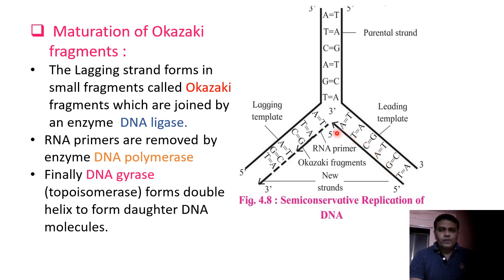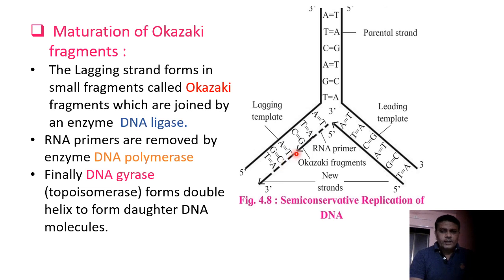And the other, which develops away from the replicating fork in the C5 to C3 direction, is present in the form of small fragments of DNA, or it is discontinuous. As it is discontinuous, it is called the lagging strand, and the fragments are called Okazaki fragments.